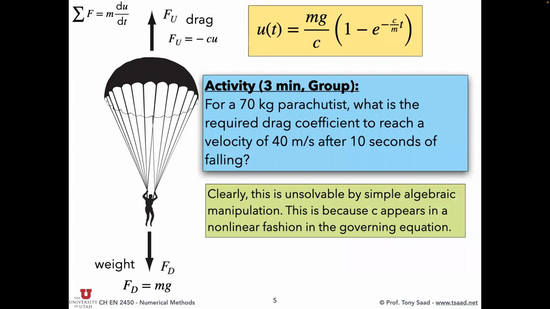And this is what I have on the next slide. This is actually unsolvable by simple algebraic manipulation. You can use perturbation theory, etc., but we're not talking about that. We're talking about just taking this model and trying to pull C out of this formula. You can't do it by simple algebraic manipulation. This is because C appears in a nonlinear fashion in the governing equation.